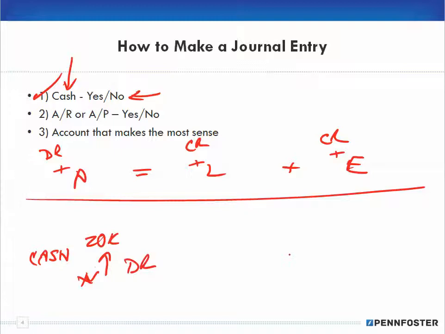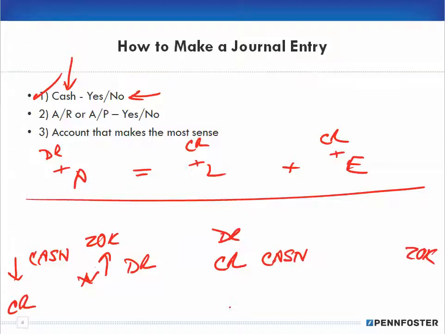So when I'm making a journal entry, I have to have debits equal my credits. So if cash is an asset and my cash is increasing, I'm going to debit it. Now, if my cash was decreasing, well then yeah, I would credit it instead.